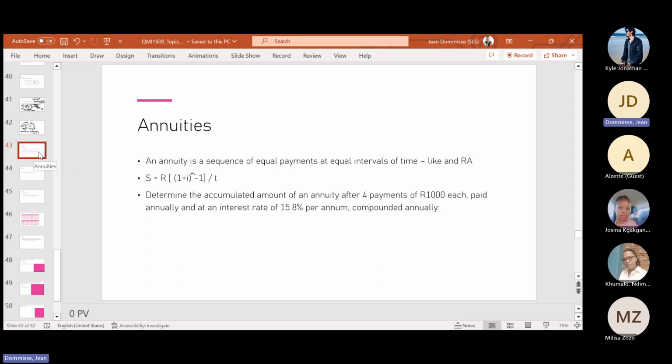It's something you put away on a monthly basis, you get interest on it, and after a time period of a few years something will be paid out. For retirement annuities that's when you retire, but there are other types of annuities that might have a shorter time span.